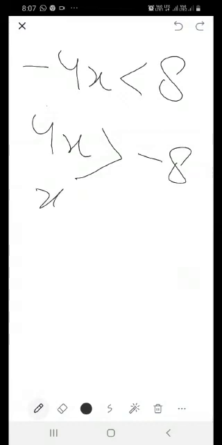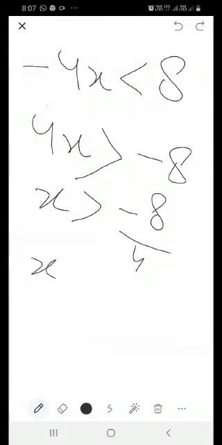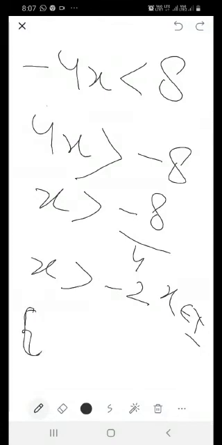Now you can transpose 4 to the right and your solution set will be x is greater than minus 2. And if I tell you that x belongs to integers, then what will be your solution set? Greater than minus 2: minus 1, 0, 1, 2, and so on.